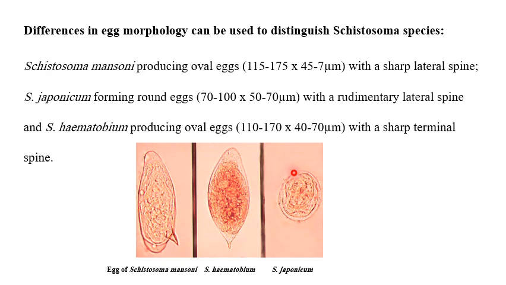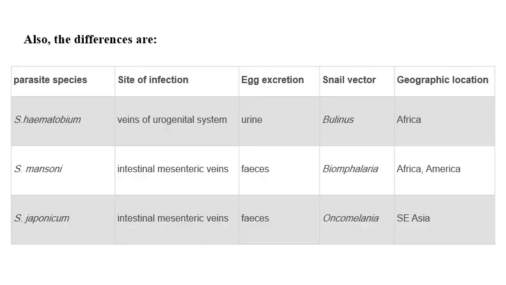And Schistosoma haematobium, as you see, produces oval eggs, 110 to 170 by 40 to 70 micrometers, with a sharp terminal spine, شوكة حادة اللي هي طرفية. This is the difference between the eggs of the three Schistosoma species: Schistosoma mansoni, Schistosoma haematobium, and Schistosoma japonicum.